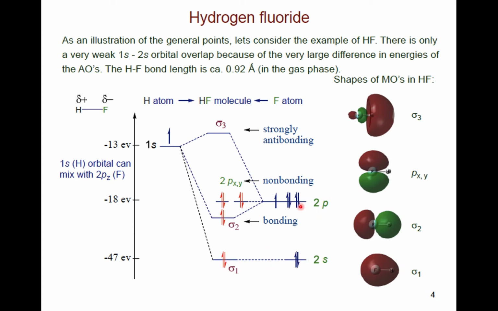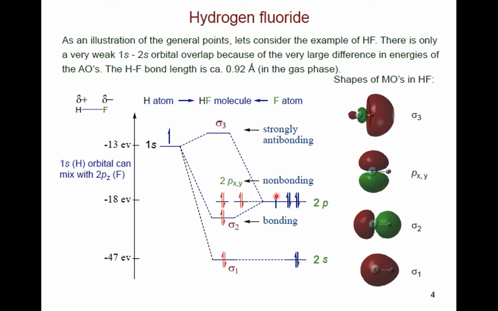It ends up that the 2s, 2p difference, as we just said on the previous slide, is really large. And so there's very close to zero interaction between the 1s on the hydrogen and the 2s on the fluorine. So this molecular orbital is basically the 2s fluorine atomic orbital.